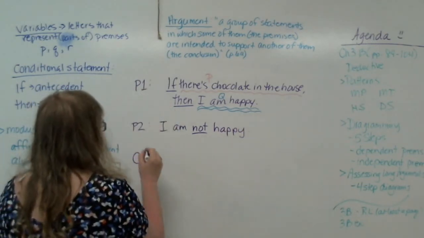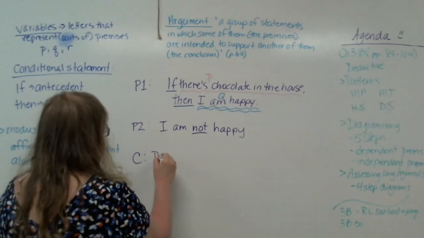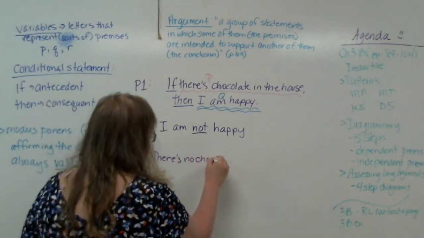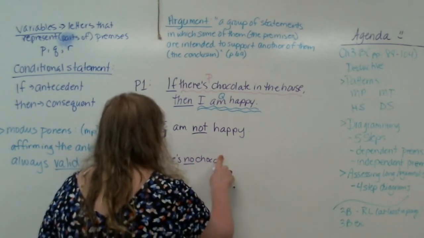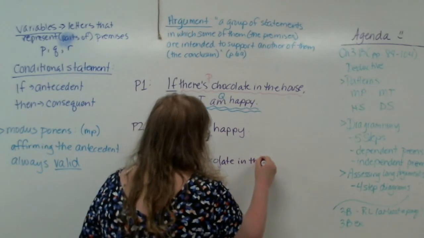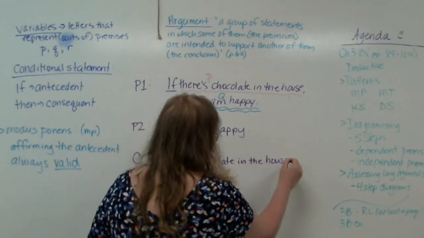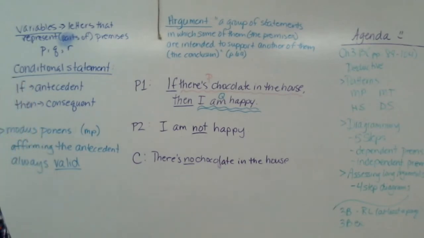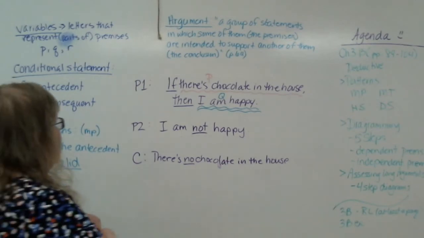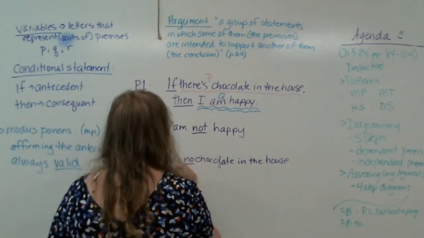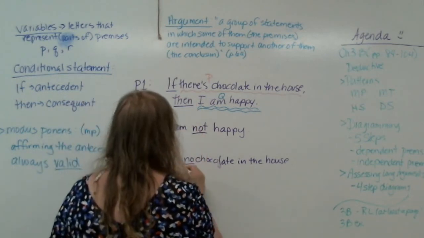And my conclusion then would be, there's no chocolate in the house. Let me go back and do my pieces here. Chocolate in the house. So there's no chocolate in the house.